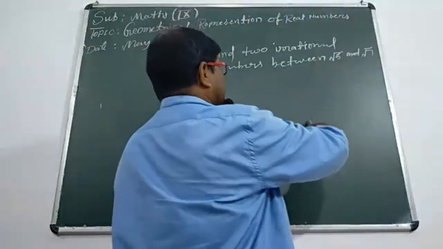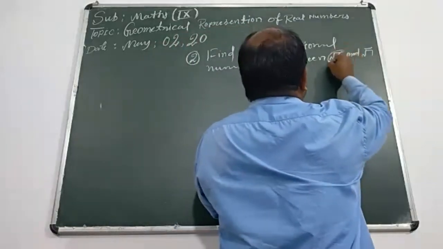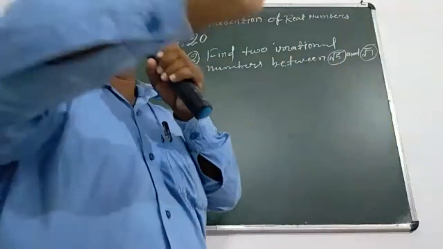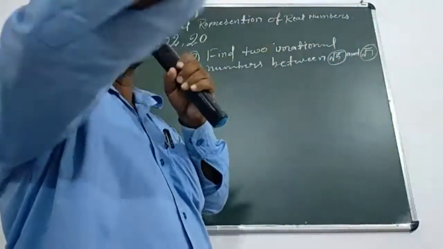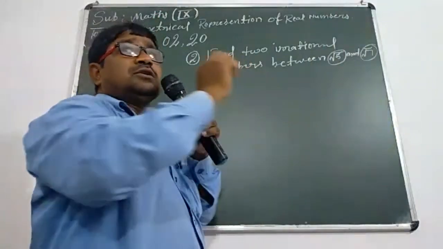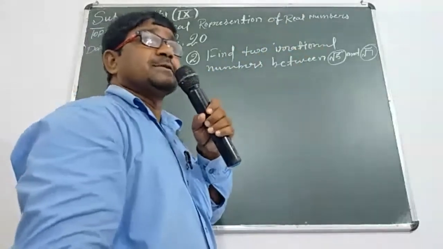In the second question, we are finding irrationals between 2 irrationals. As you know, these two are irrational, under root 5 irrational, under root 7 irrational. So how can we find 2 irrationals between these two irrationals?